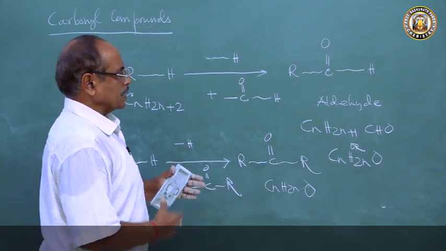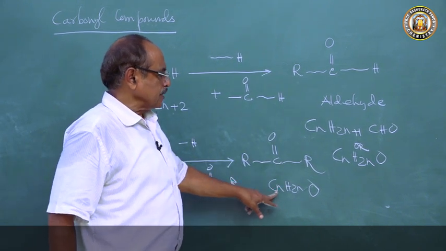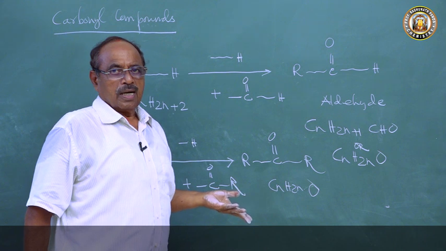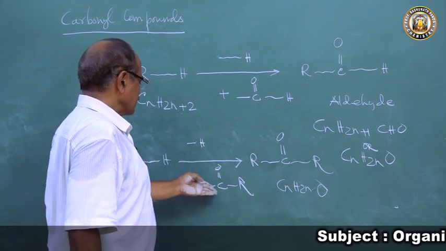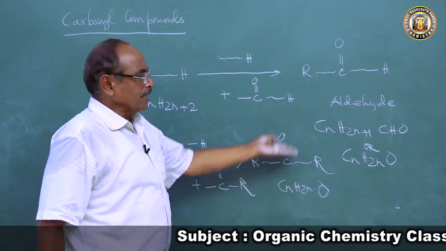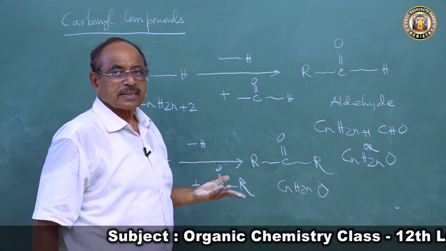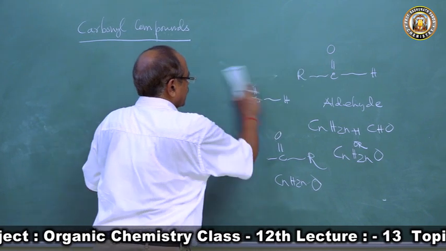So both aldehydes and ketones have the general molecular formula CnH2nO. So there are two types of carbonyl compounds, aldehydes and ketones.